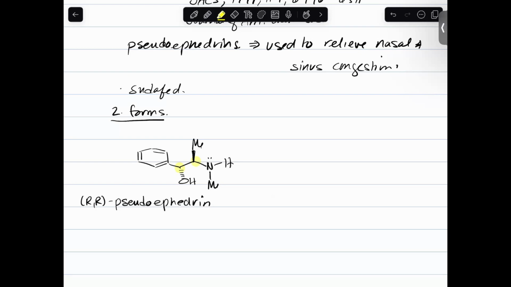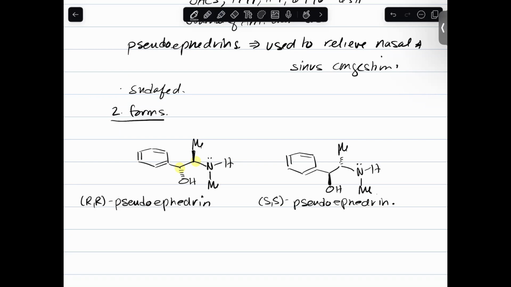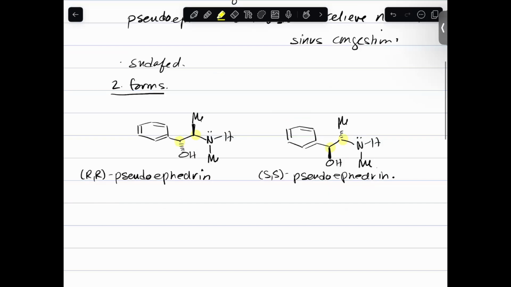There's only two stereocenters in this natural product. And the second form is the enantiomer, which is SS pseudoephedrine. So just like with oxazolidinones, you've got your chiral organic molecule and its enantiomer. They're cheap, commercially available.